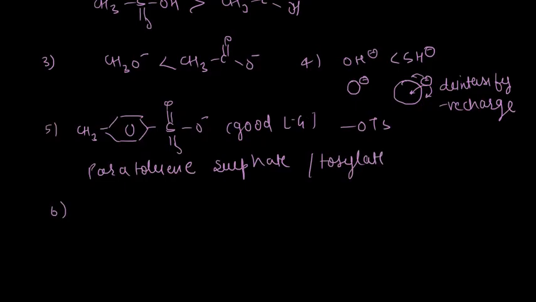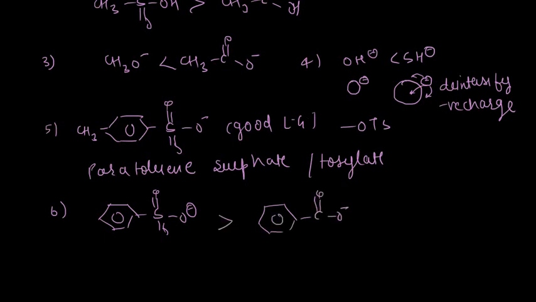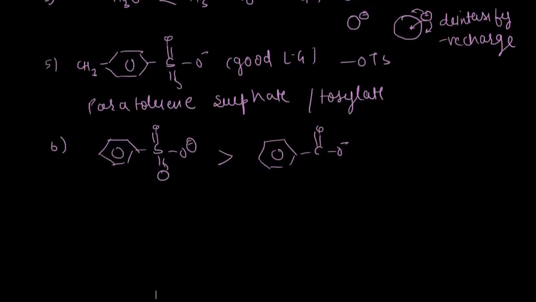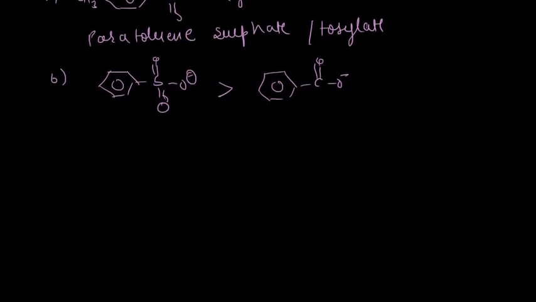Sixth comparison. We have phenyl sulfonate, then carboxylate, phenyl, CH3 C double bond O negative. So sulfonate has more tendency. We have seen the sulfonate is also always of more acidic strength.